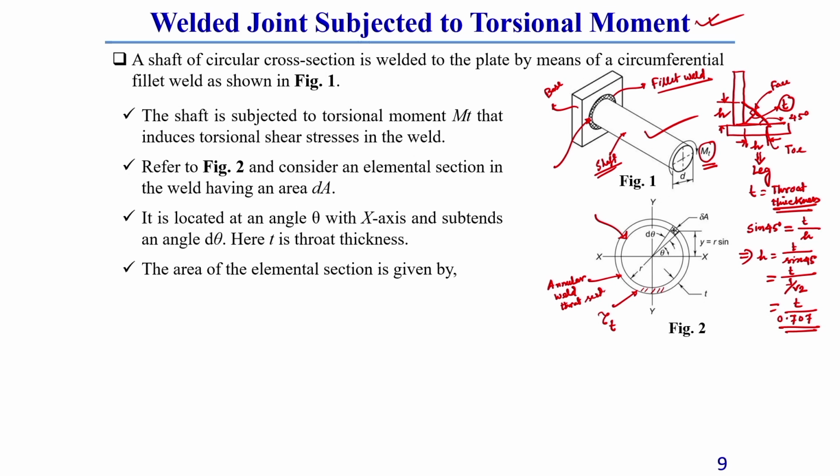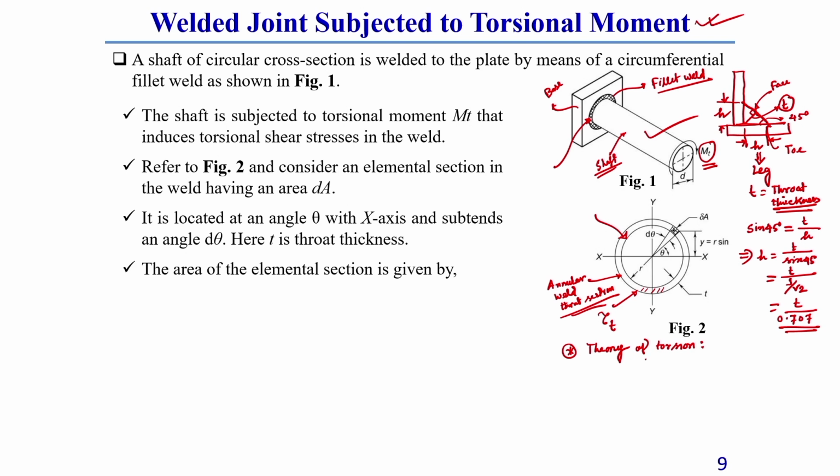You should keep this in mind. Here I am not going to discuss in detail the torsional theory, because the theory of torsion is a concept of solid mechanics and you know these things very well.